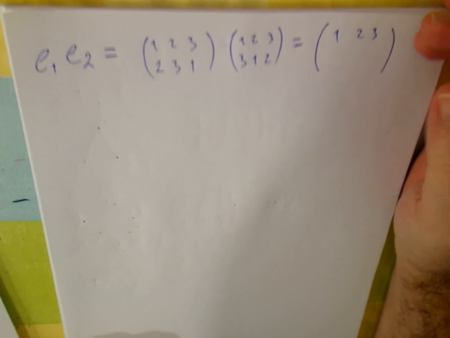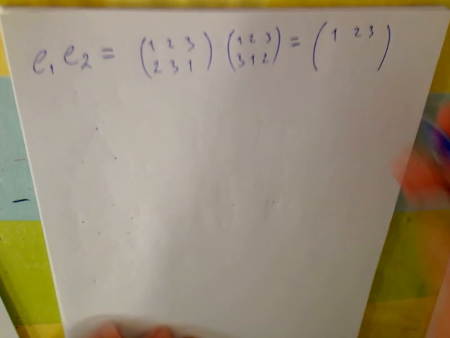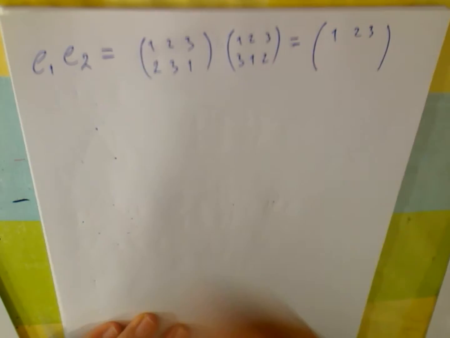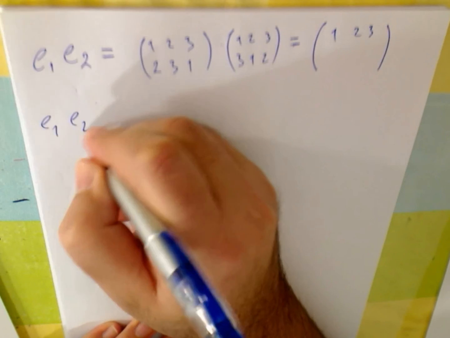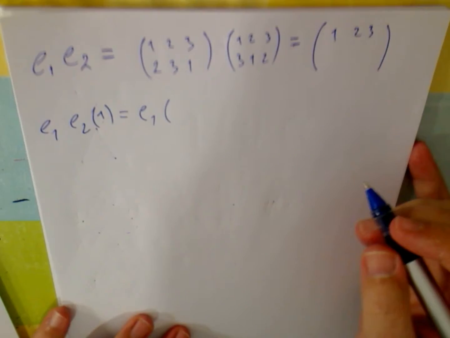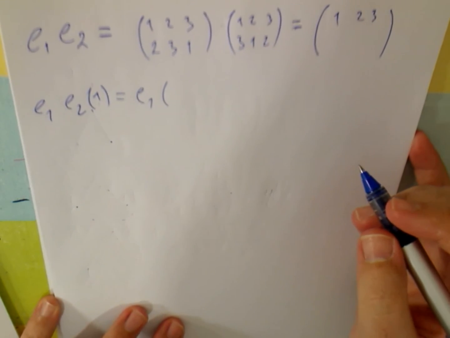So let us pick, for instance, 1. What is R1 of R2 of 1?